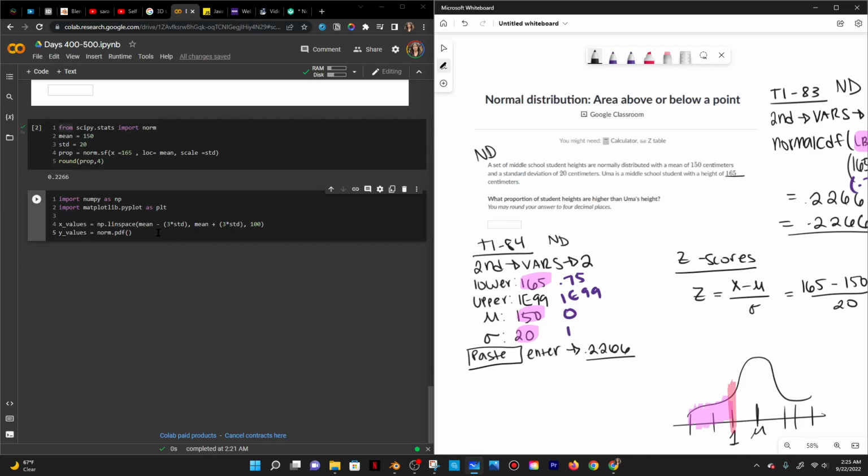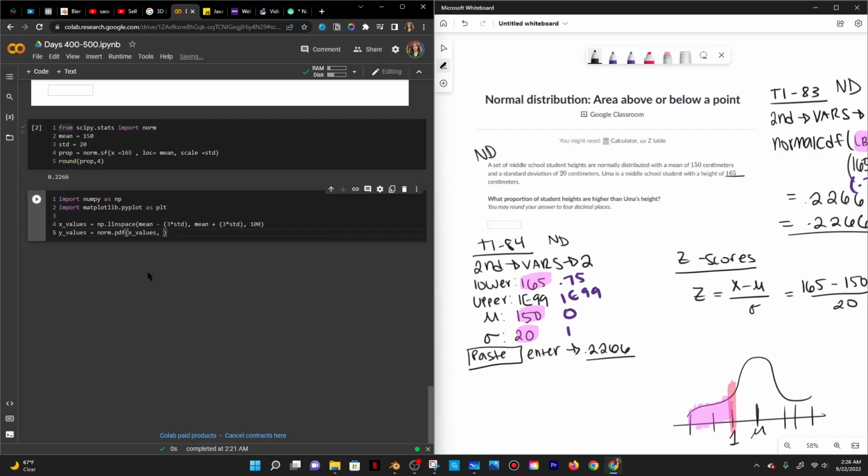It makes sense because the y values are going to be the probability density of each single x value. So the only parameter that we really need is the x values, because that's what we're trying to find the probability density of.